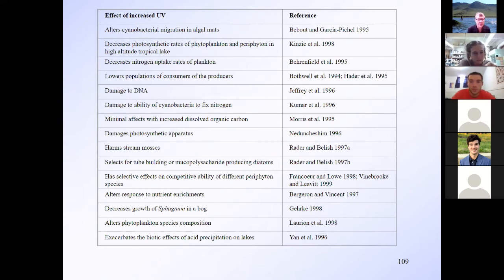So this is an interesting experiment here. Max Bothwell had these experimental stream channels and put UV filters to knock the UV out on some of them. Over the short term, the algae, the attached algae, the periphyton, really took off with lower ultraviolet light. But over the long term, all of a sudden the algae went way down, and they couldn't figure out why.